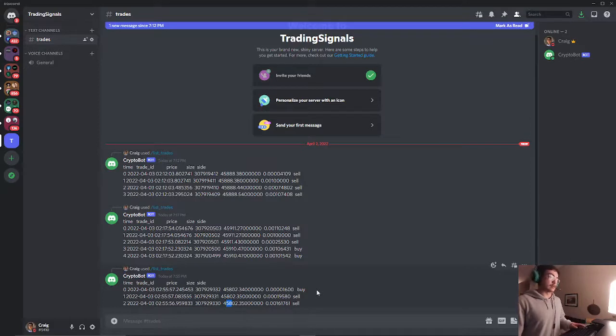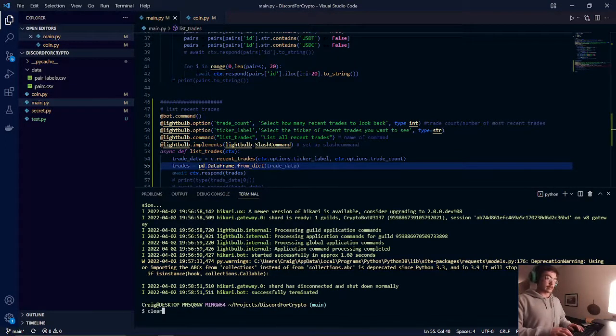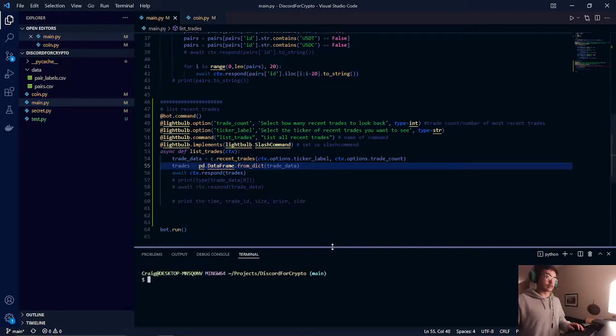Let's look at our code to see how this thing works at a deeper level. Let's see here. So we can probably close that, and then take a closer look at our code.